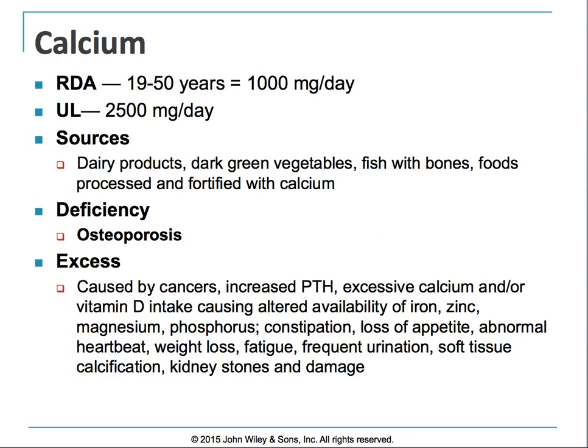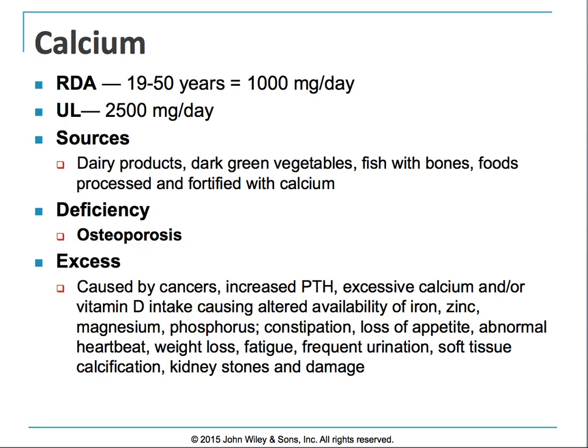The RDA for calcium, for those ages 19 to 50, is 1,000 milligrams per day, and the UL is 2,500 milligrams per day. Sources of calcium include dairy products, dark green vegetables, fish with bones, foods processed and fortified with calcium.